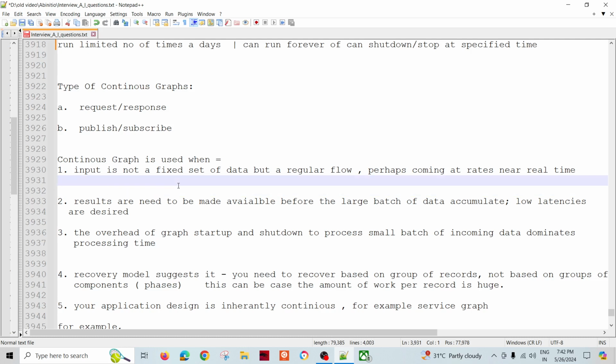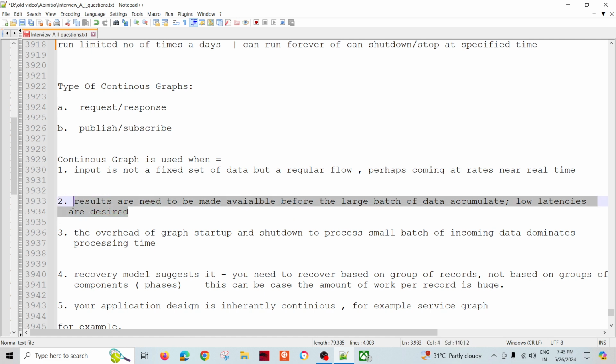In the case of the publish-subscribe mechanism, wherein we have compute points and checkpoints, there won't be a fixed size of data, but a continuous flow of data coming into the system, and the results are not held back until a large batch of data accumulates. Low latencies are desired, so there is basically no waiting time.